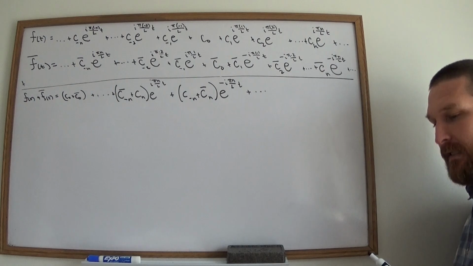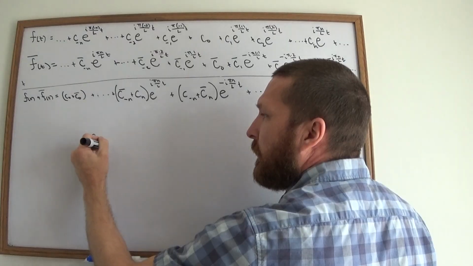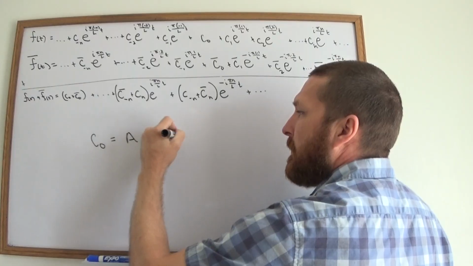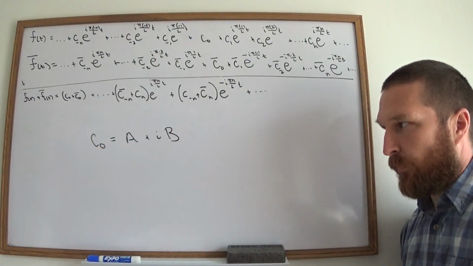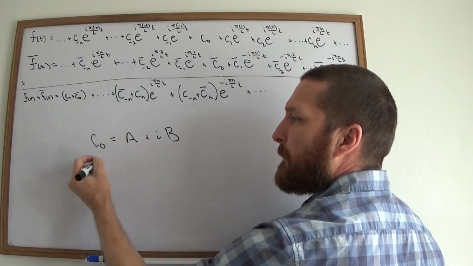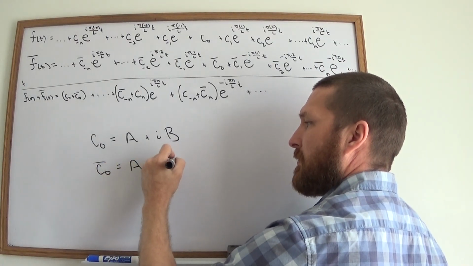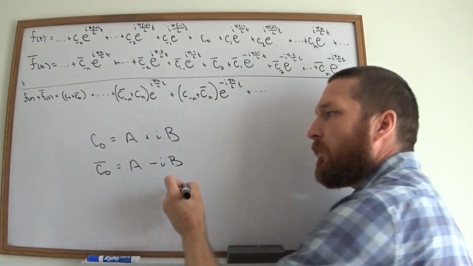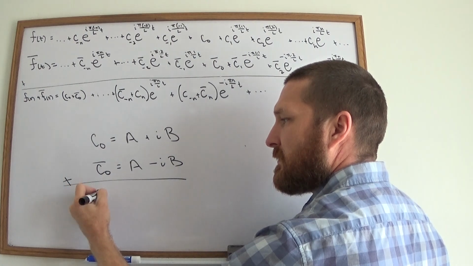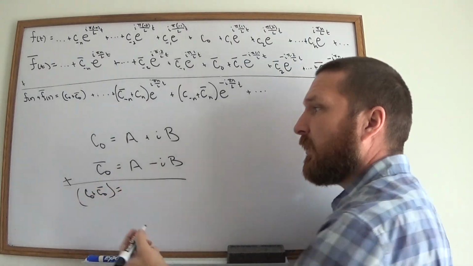We could go ahead and just deal with this. So let's rewrite C0 as some, I don't know, A plus I B, where A and B are real numbers. Well, then its conjugate, C bar 0, is just A minus I B. So when we add them together, we get C0 plus C0 bar, that term we're looking for.